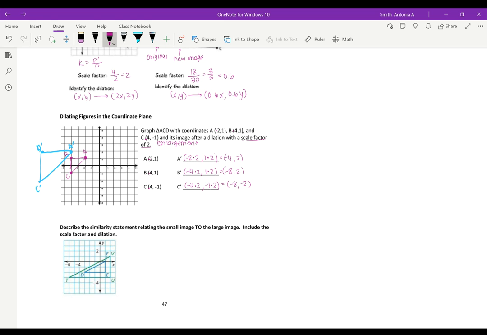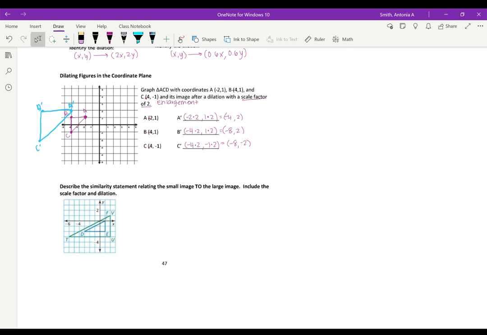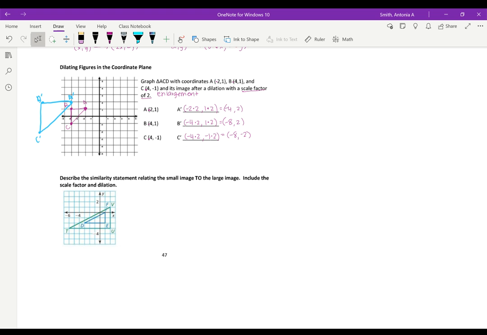Okay. Let's do it one more time, or at least use the one that they've given us to find the scale factor. Okay, so we want to describe this similarity statement relating the smaller image to the larger image. And we're going to include the scale factor and the dilation in our description. Okay.